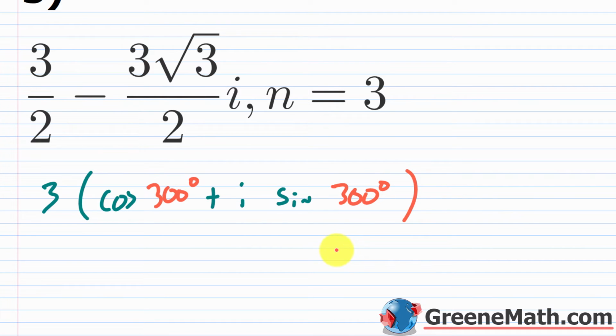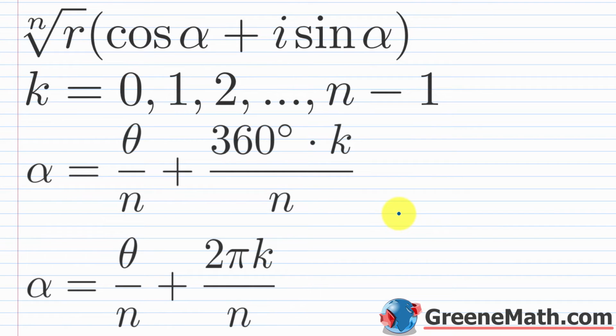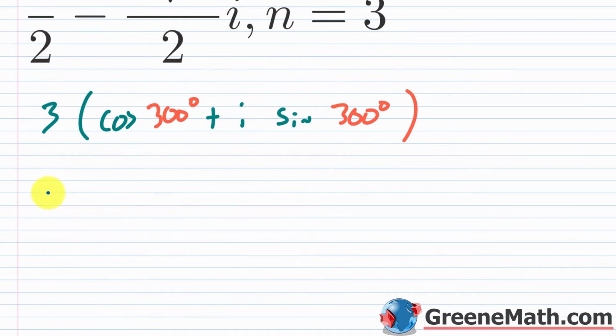Okay, so now it's just a matter of using our formula, and we can come back real quick and revisit this. Again, here, n is going to be 3. So it's the cube root of whatever r is. In this case, r is 3. So coming back down, we'll say that for the roots, let me put a little border here and put my roots.